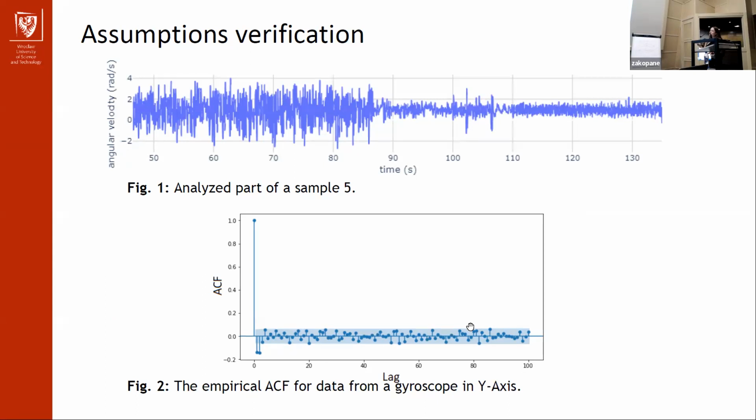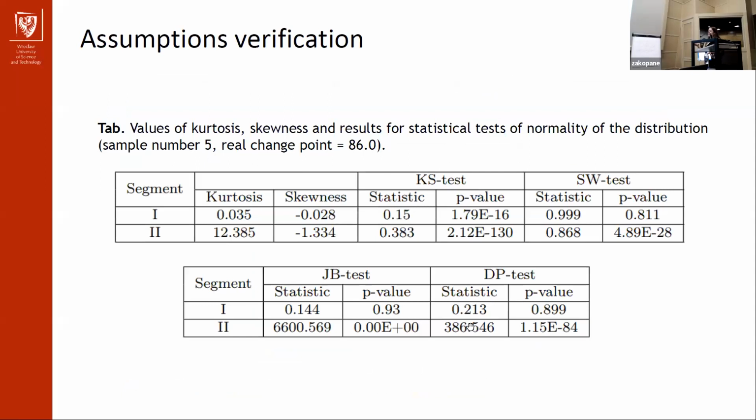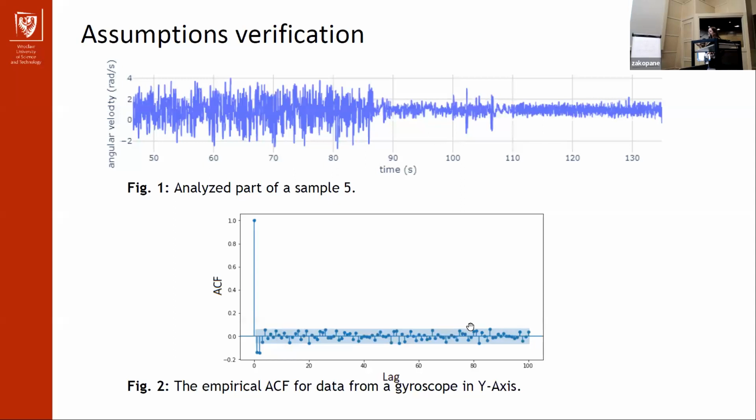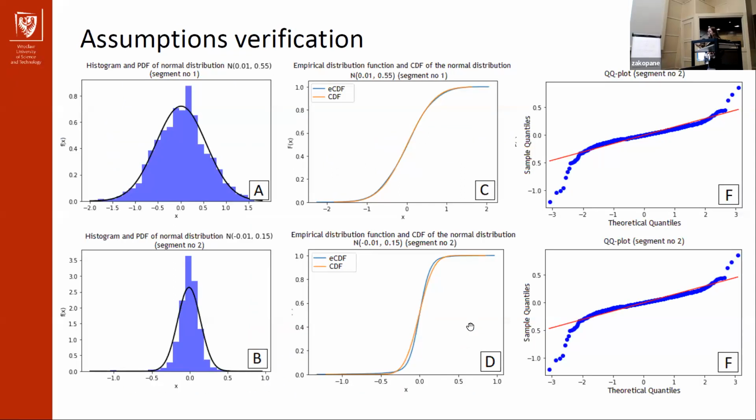There is angular velocity in one particular sample, and as you can see, the autocovariance function tells us that these data are uncorrelated. But if we look at the statistics and the results of a statistical test, we can see that the data from the first segment can be from the Gaussian distribution, but the data from the second segment couldn't be. And it is confirmed by visual inspection.